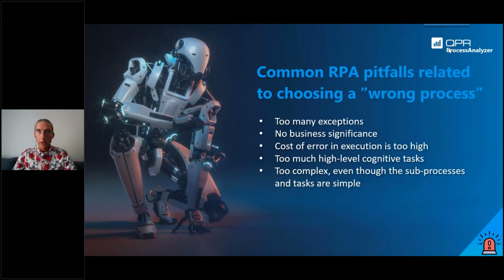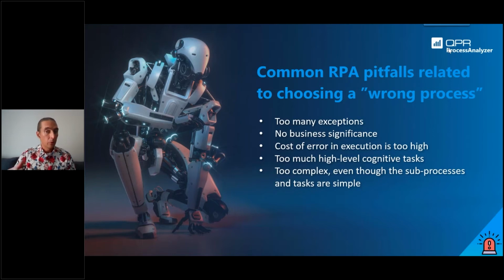RPA is very popular nowadays, and the teams are sometimes quite technical. So there's a lot of technologies involved, and it may not be so easy to realize what should be the right process and the right tasks to automate.